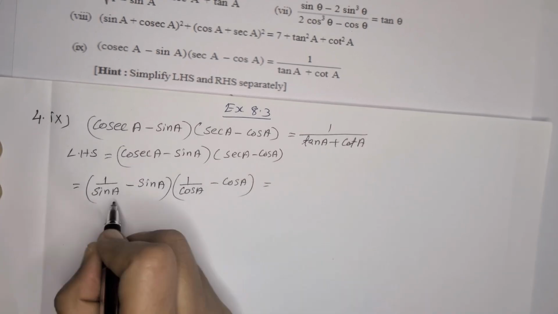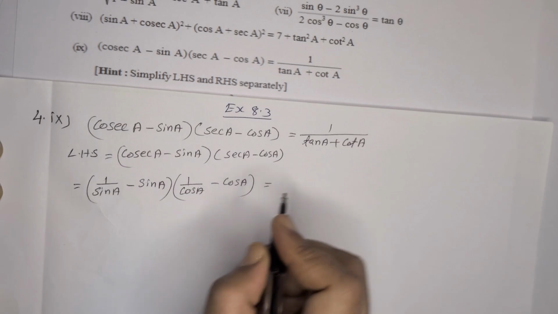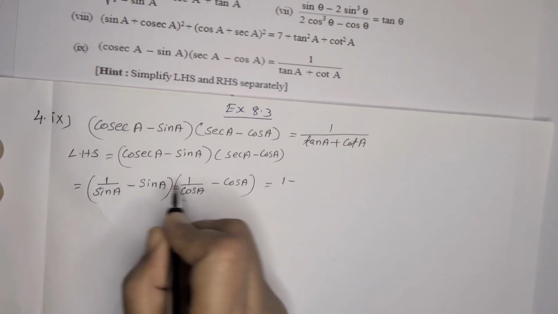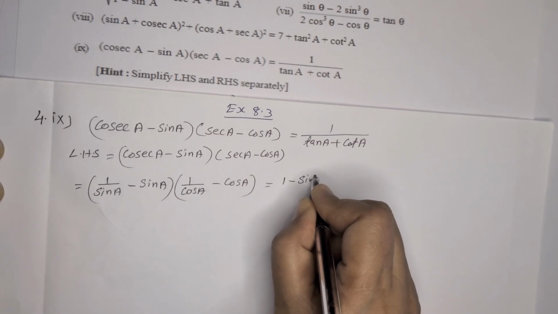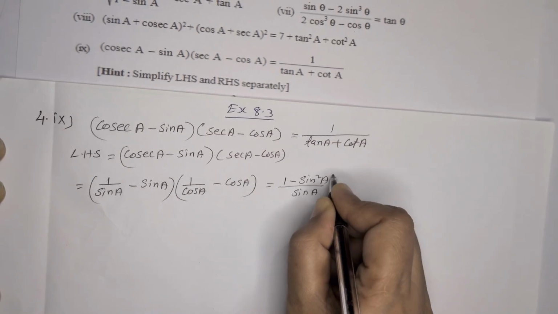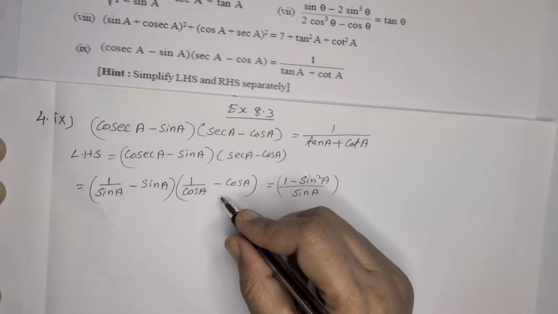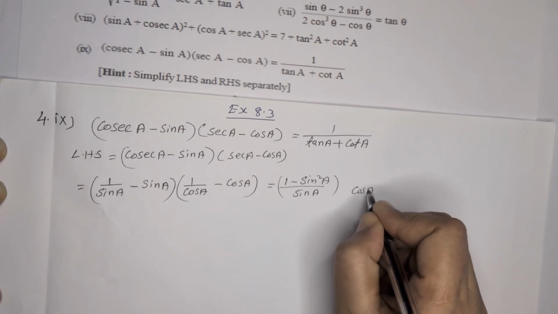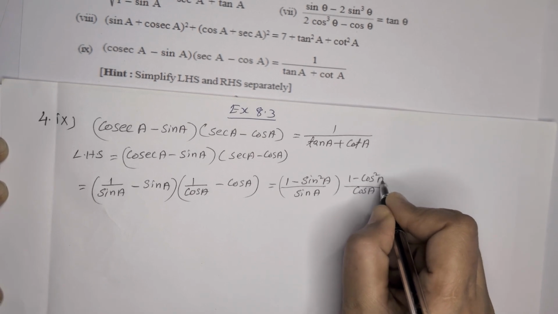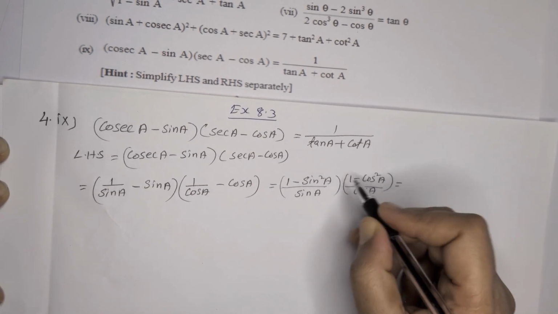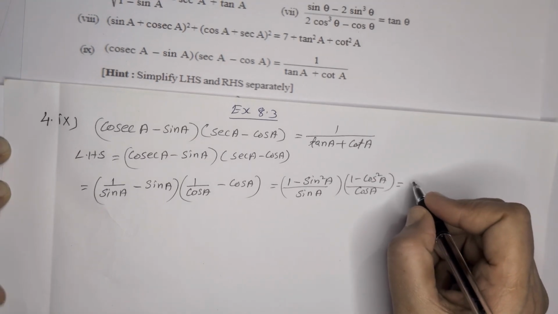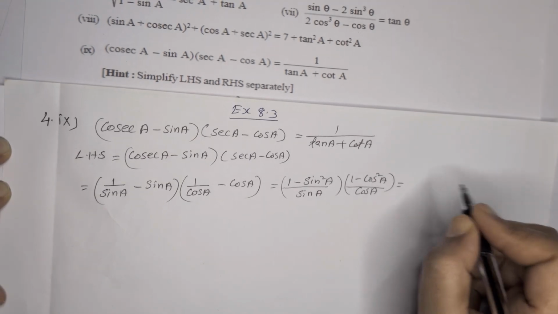Which is equal to, we can take sin A as the denominator. So 1 minus, here as 1, so sin A into sin A, sin square A, by sin A, the first bracket. Same way here cos A as the denominator, then 1 minus cos square A. Which is equal to 1 minus sin square A, we know that as cos square A by using the first identity, sin square A plus cos square A is equal to 1.